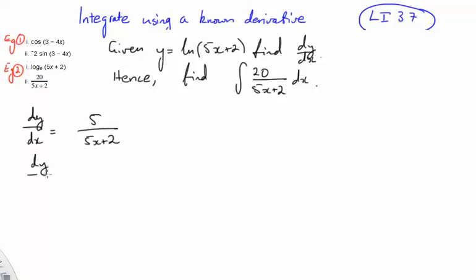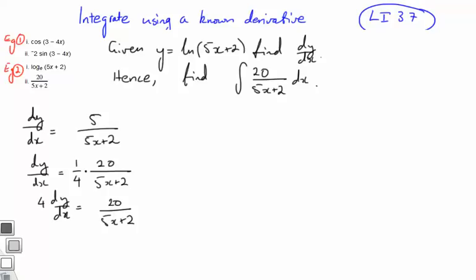How do we get the 20 to 5? That's timesing by a quarter, because 20 divided by 4 gives you that 5. Then you times by 4, so 4 dy/dx equals 20 on 5x plus 2.